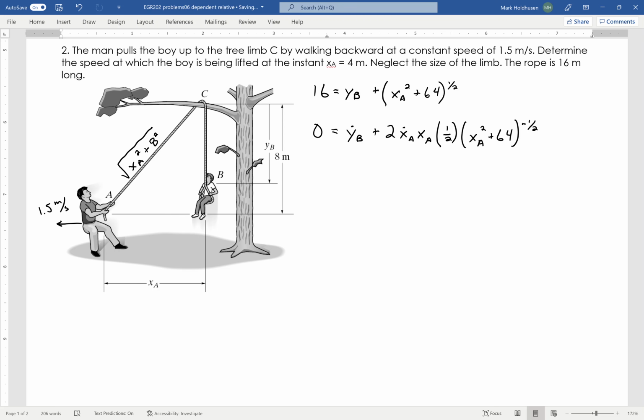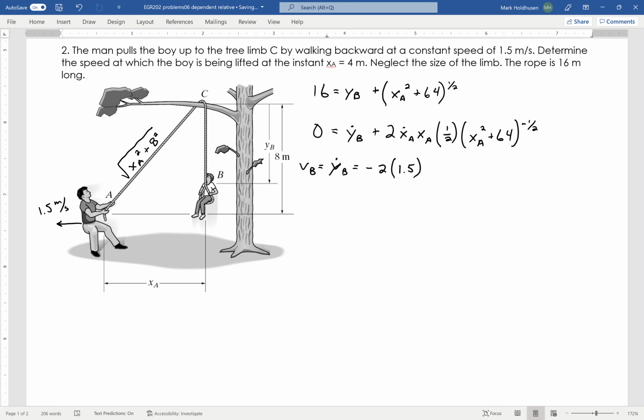So what am I trying to solve for? I'm trying to solve for the velocity of B, which is yb dot. That's the boy. It's going to be negative 2 times x dot, which is 1.5. Now, x is going to increase, so that 1.5 is going to be a positive value.